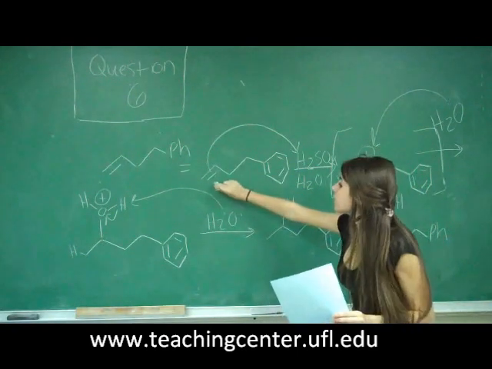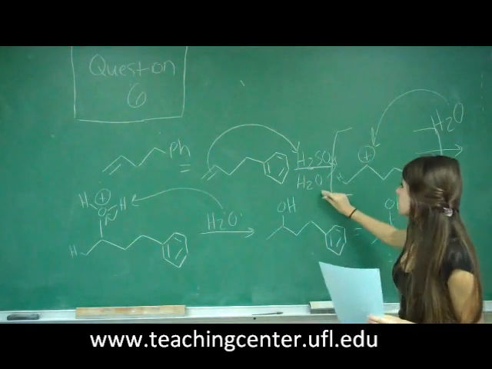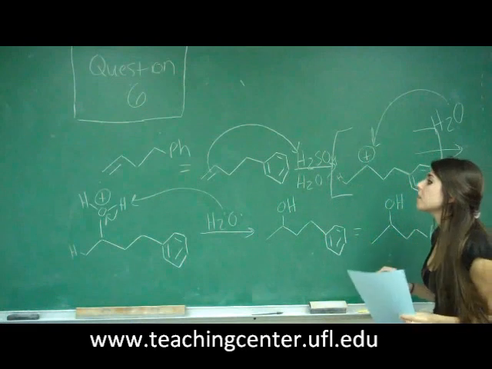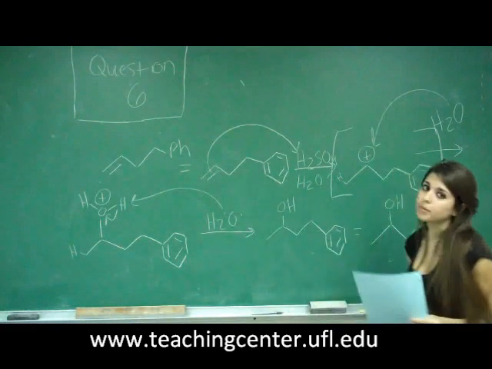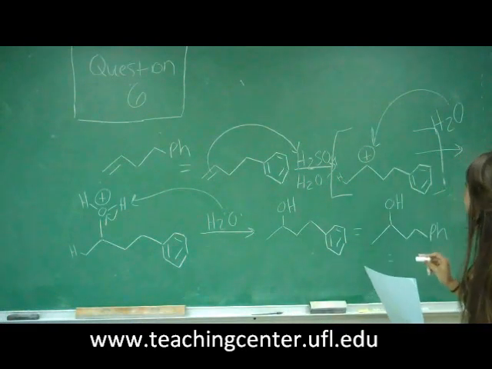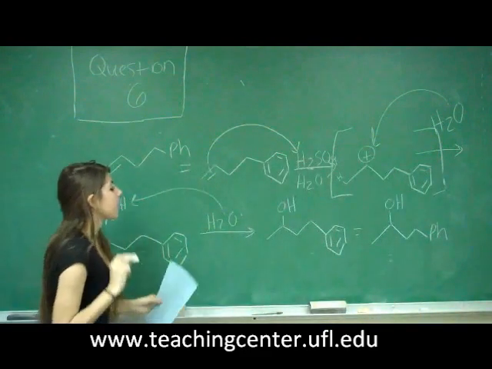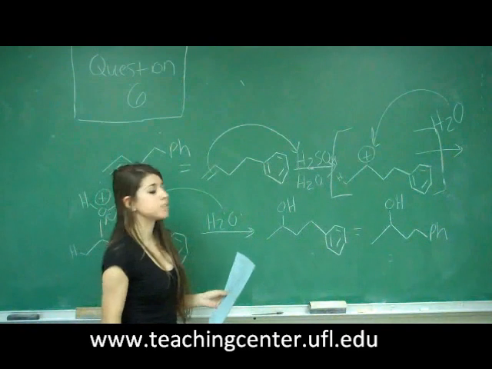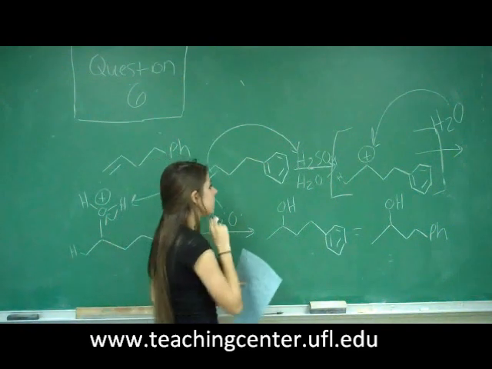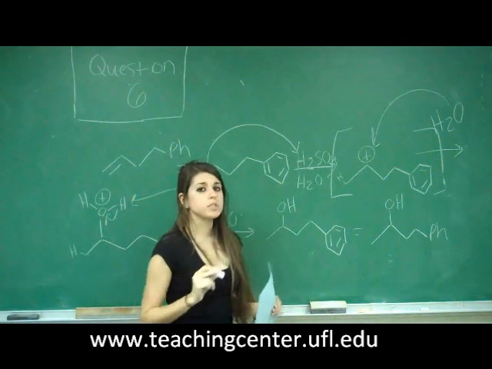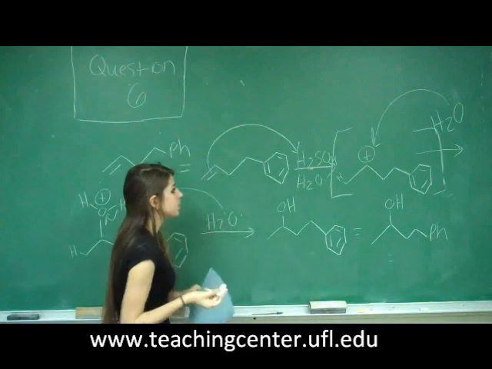So as these mechanisms go, we're given acid catalyzed conditions. So the double bond grabs an H from the H2SO4, and you're left with a carbocation. And the carbocation always is going to want to be placed on the more highly substituted position, or the most stable position.